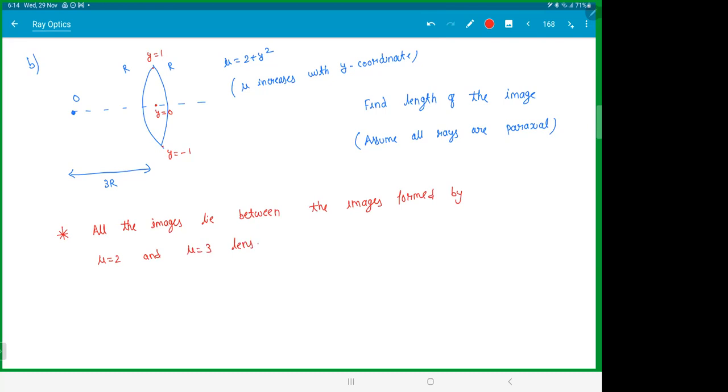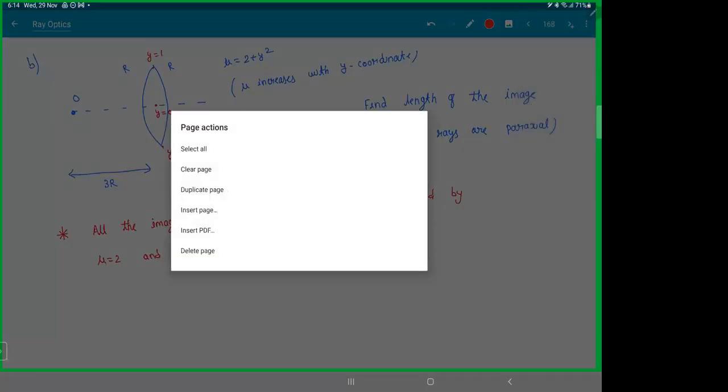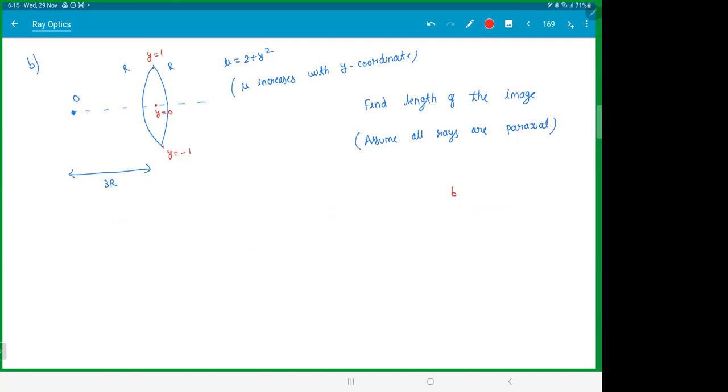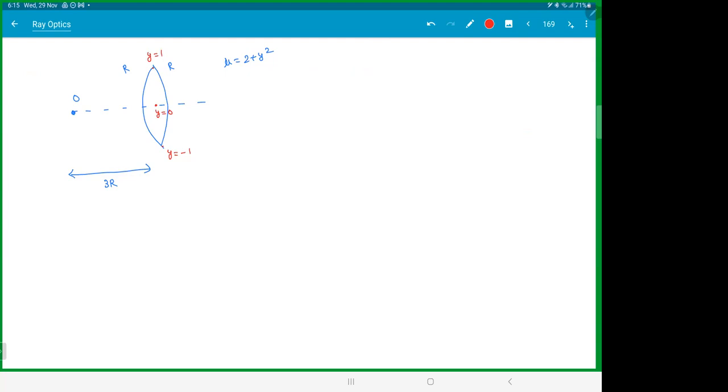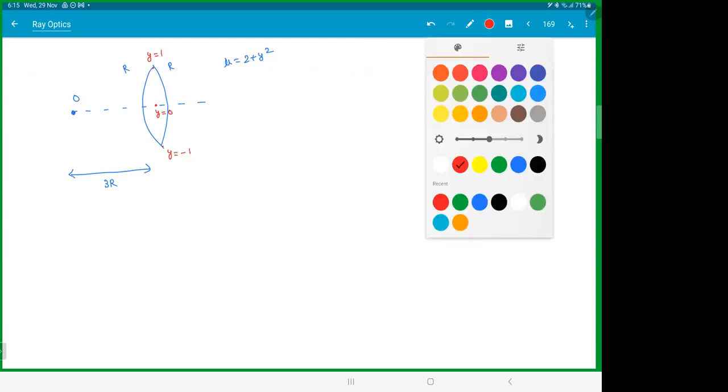Is that making sense? The extreme light rays will meet somewhere. The light rays near the center will meet somewhere. Everyone else has to be in the middle. Then it is easy to solve, only that mu is equal to 2 plus y square is to scare you. So all these will go somewhere and meet here. Let's calculate that.